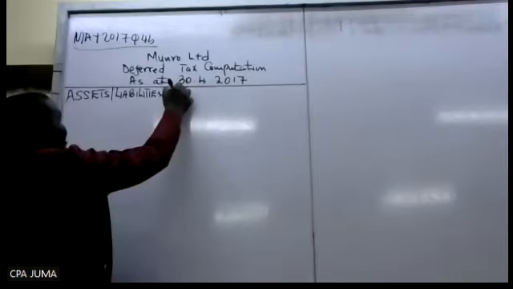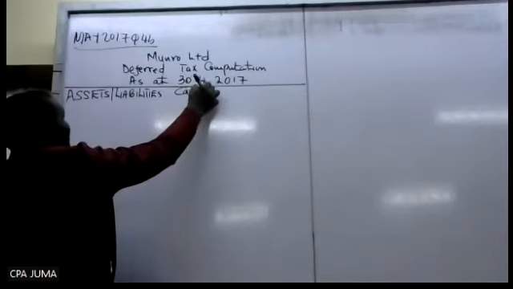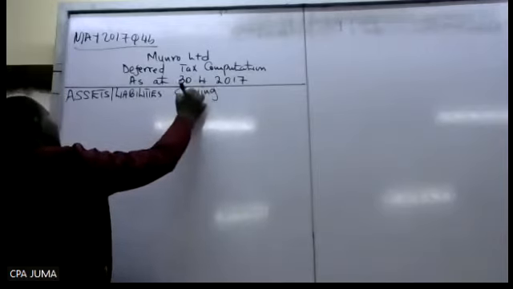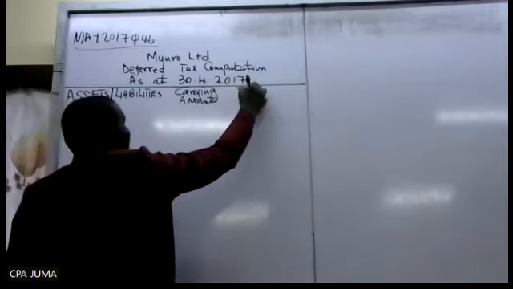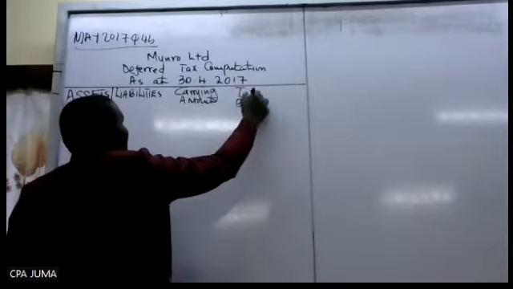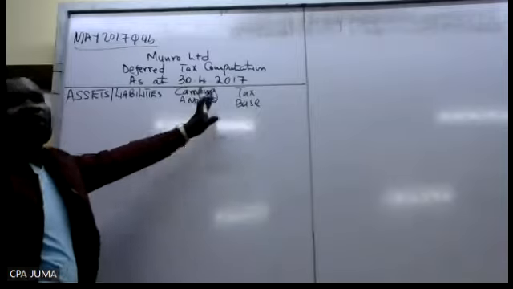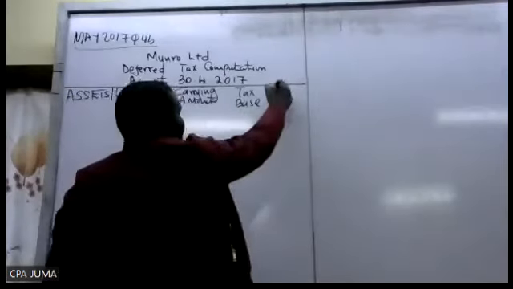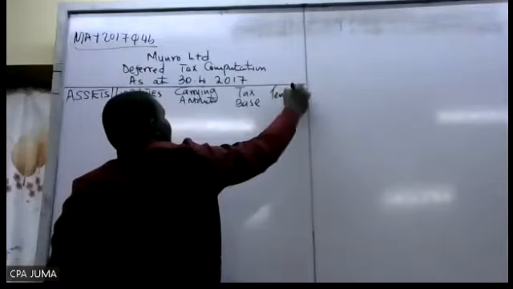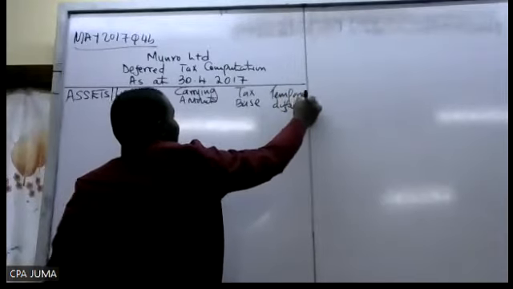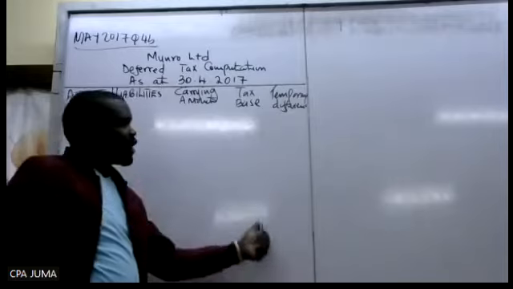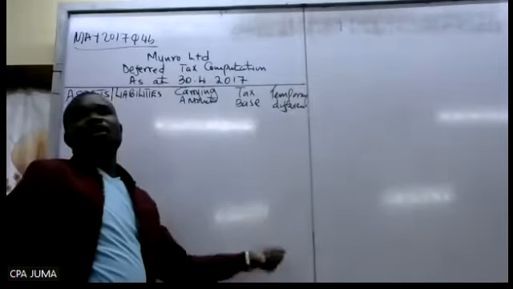Then have the carrying amount, then you will have your tax base. The difference between the two, between the book value and the written down value, will give us the temporary differences. Once we have our total temporary differences, we subject them to the tax rate, and that is deferred tax.